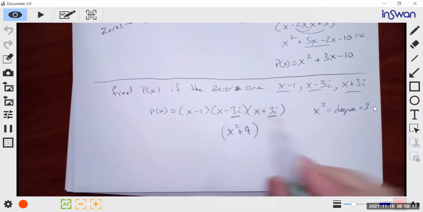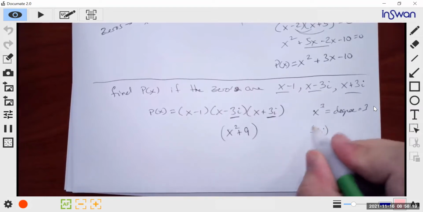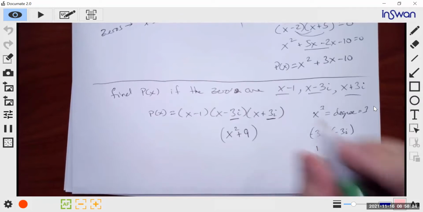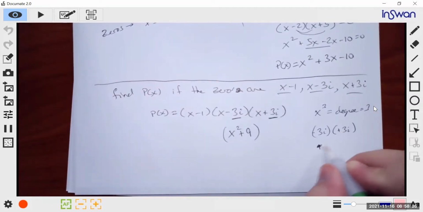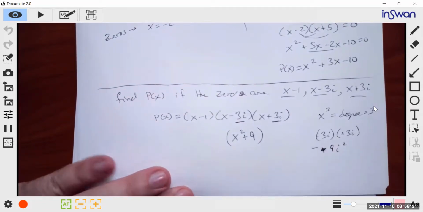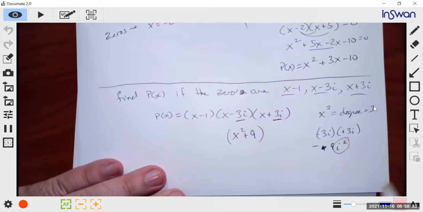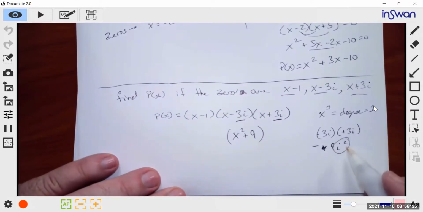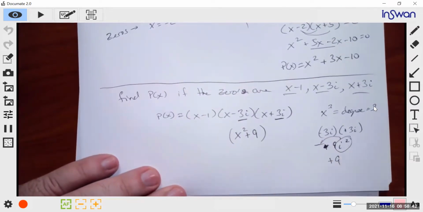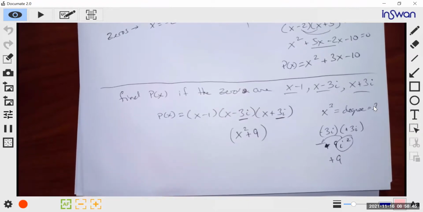It was negative 3i times positive 3i is negative 9i squared. What does the i squared do? It's negative 1. It changes the sign of the term in front of it. Again, review the section in section 2, chapter 2 on imaginary numbers.